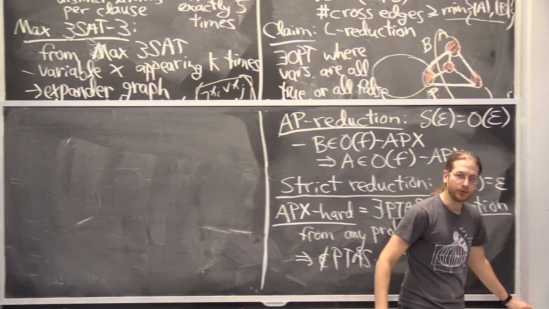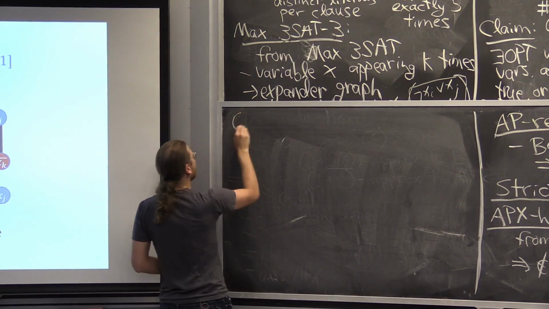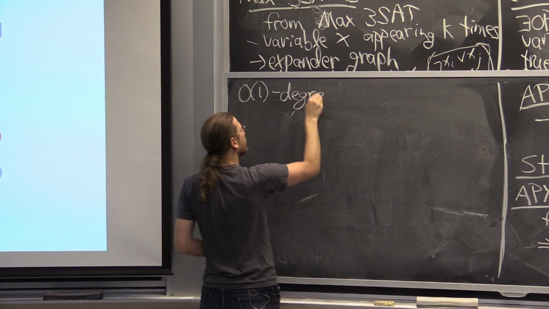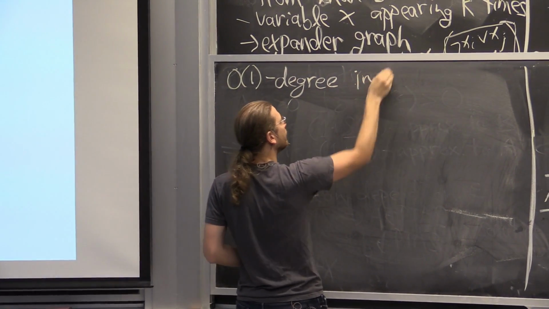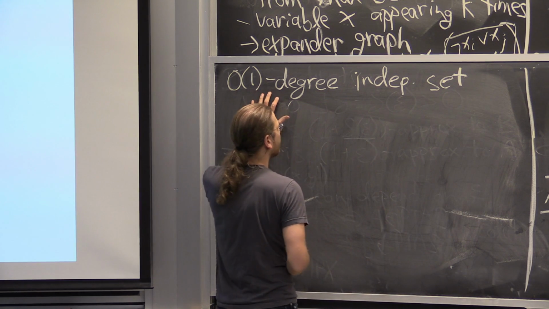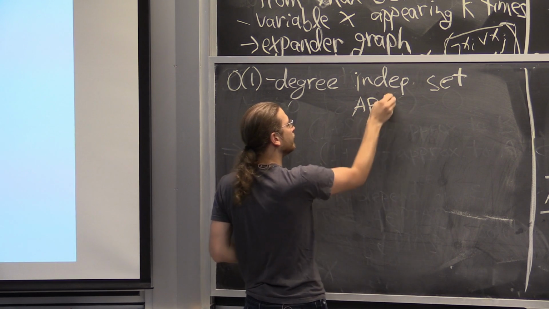I think I'm going to prove max degree 4 independent set, although it's known that max degree 3 is hard also. So constant degree independent set is actually APX-complete.